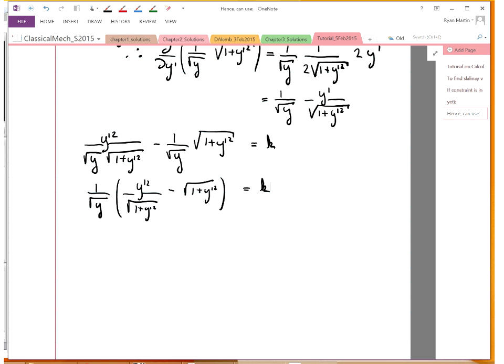So I think we want to put this all on the same denominator. So I'm going to have a 1 over square root of y. And the thing in brackets I'm going to put on the same denominator so I can subtract them. So the common denominator is square root of 1 plus y prime squared. We'll take that out as well.